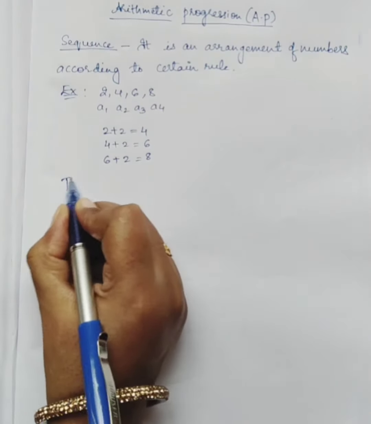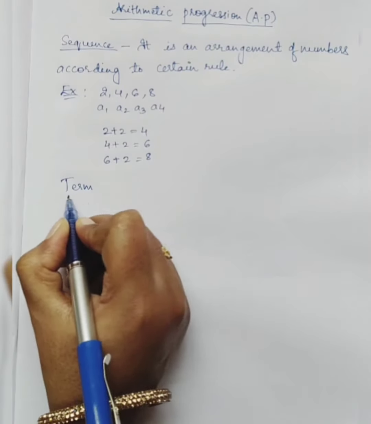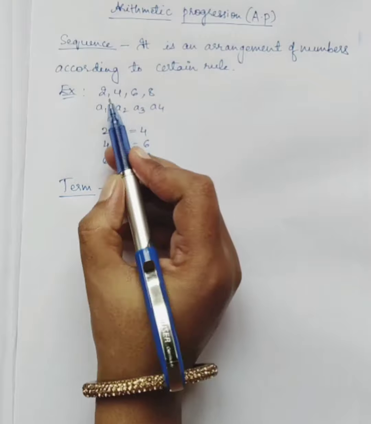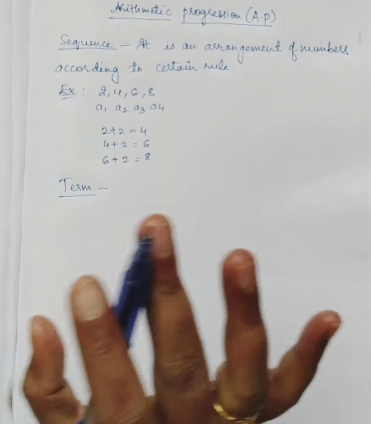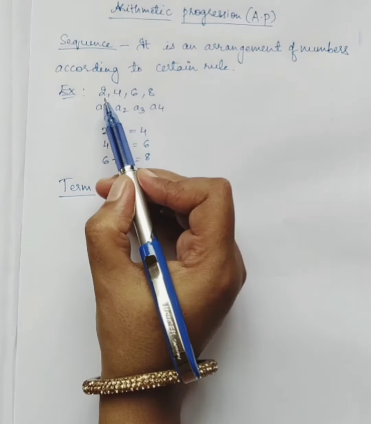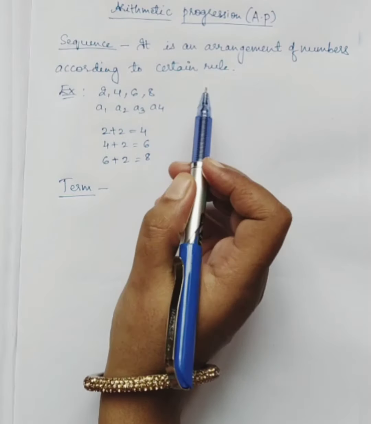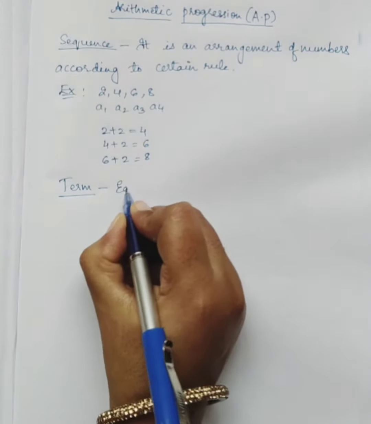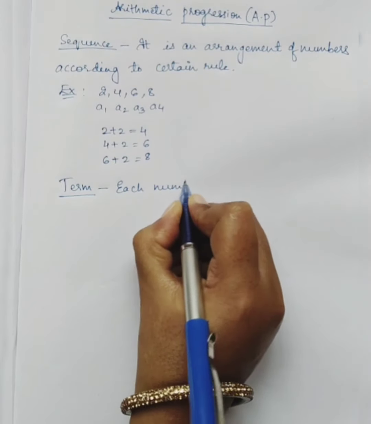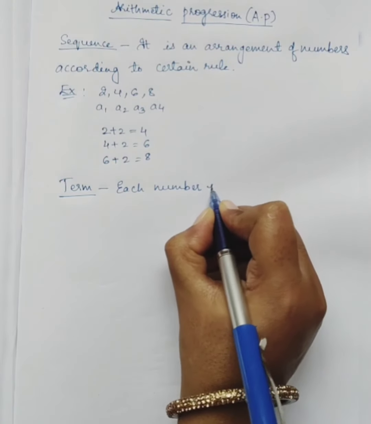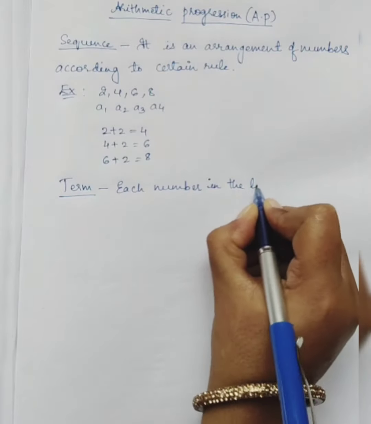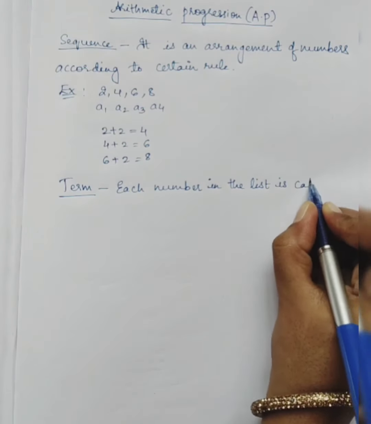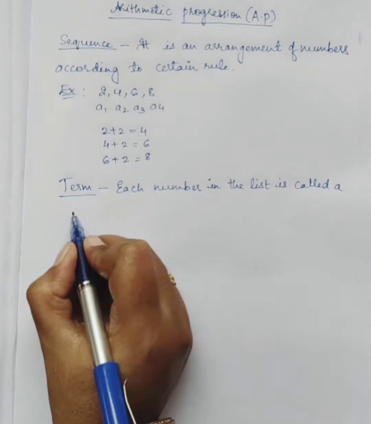Next is term. What is term? It's very simple. Each number in the list is a term. That means you can see here 2, 4, 6, 8. Each number is term. So each number in the list of numbers is called a term.